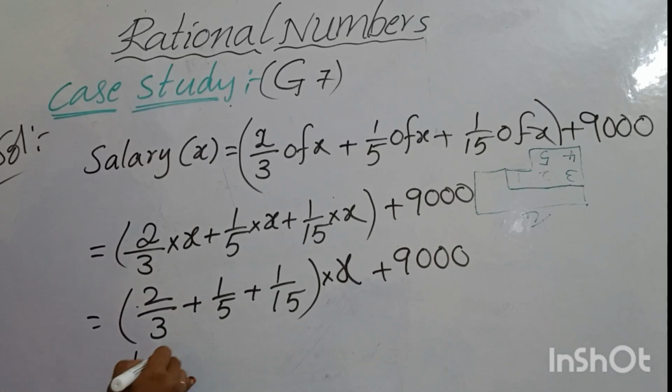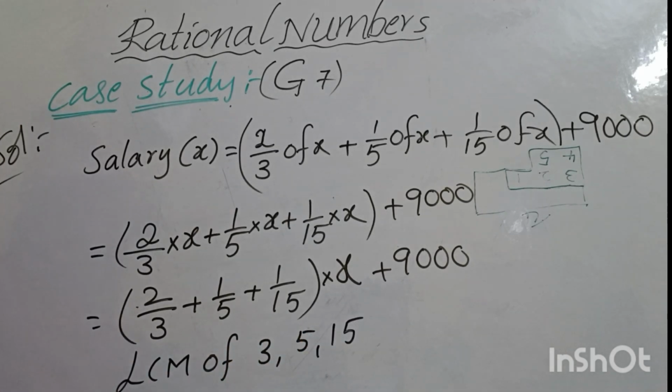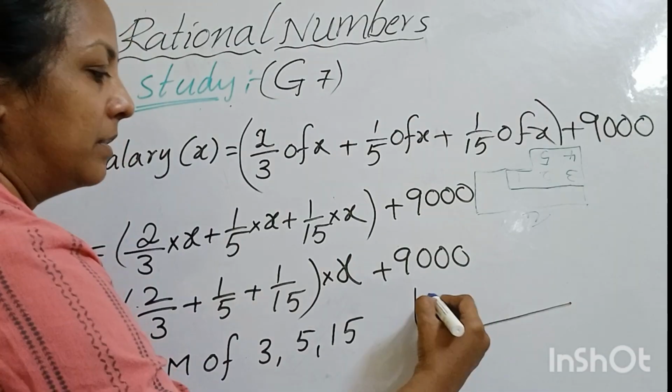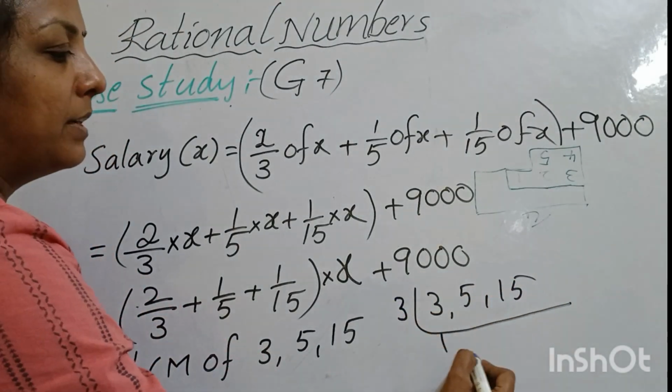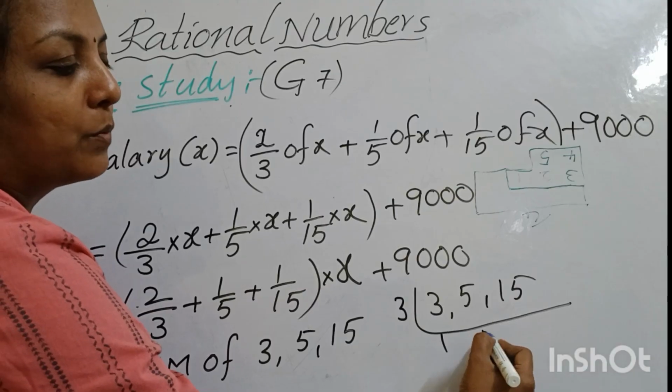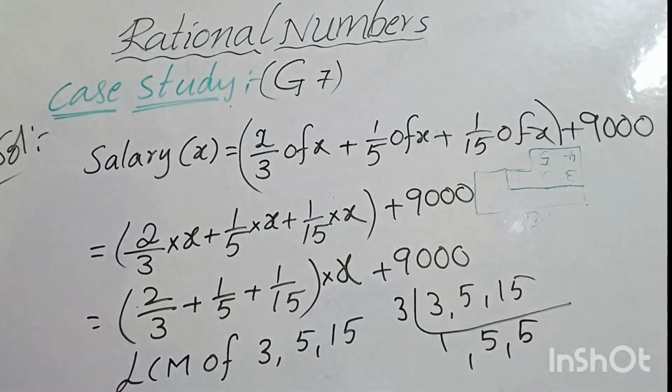So what is the LCM of 3, 5, 15, children? See, here I am doing 3, 5, 15. 3 table one time, it won't come, so write it as it is. 3 table 5 times, right?